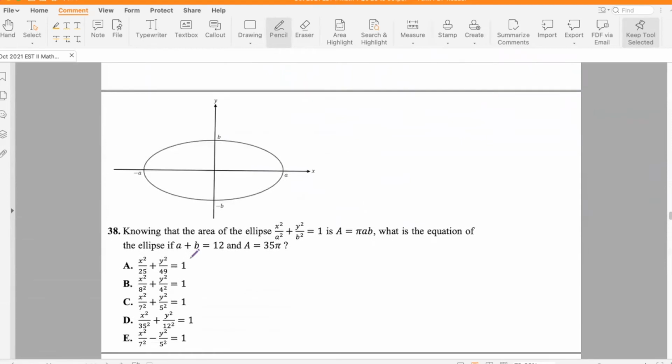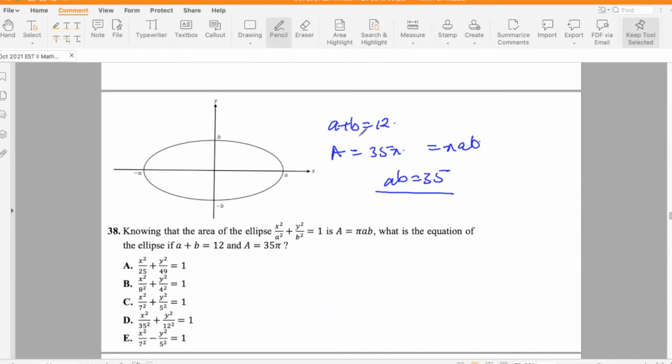Okay, knowing that the area of the ellipse x squared by a squared plus y squared by b squared is 1 is pi ab, what is the equation of the ellipse if a plus b is 12 and the area is 35 pi, which means that pi ab, so ab is 35.